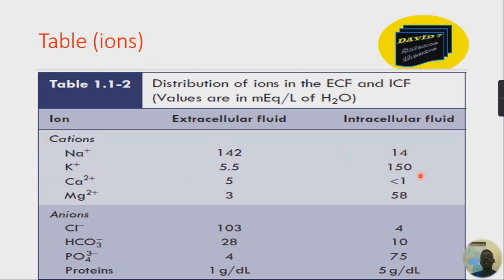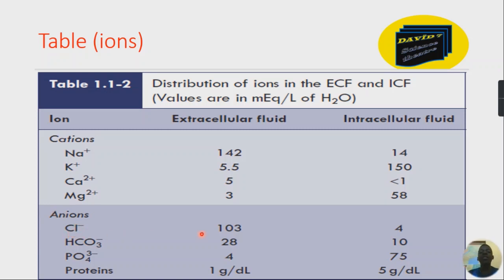Then potassium is the highest in the cells, that is 150 compared to 5.5 outside cells. Calcium is high outside, that is 5 milliequivalents per liter, whereas within cells it is less than 1 milliequivalent. Magnesium is highest inside cells, least outside.